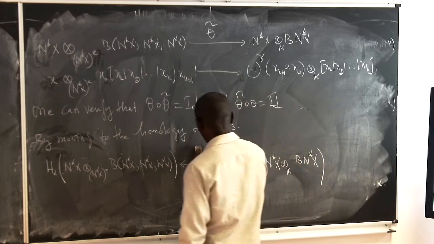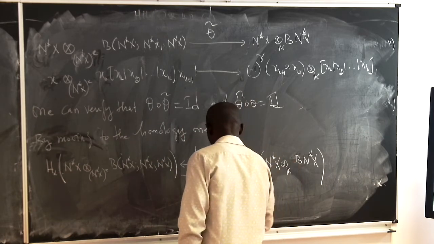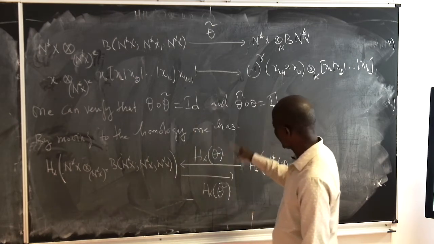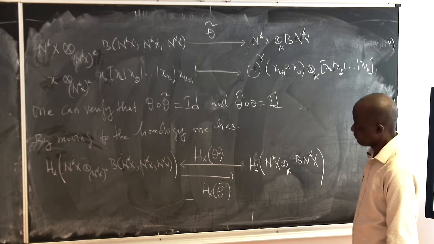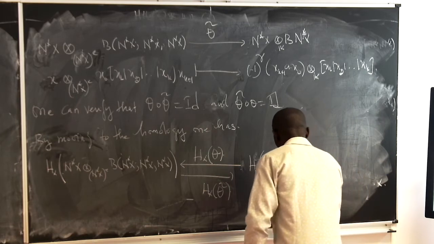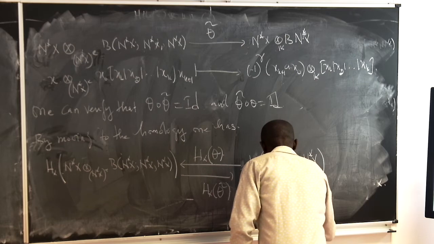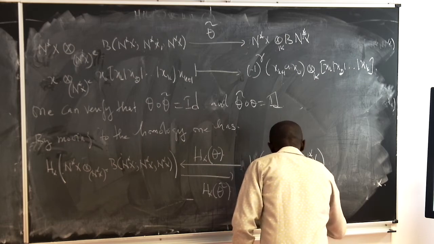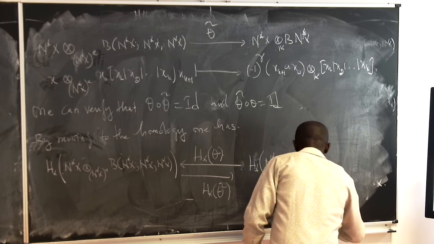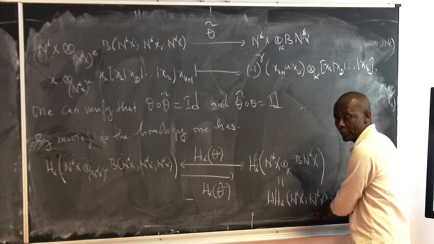This is, and of course you have, which are inverse of each other. Means that this one is just the Hochschild homology of Nx with coefficient in Nx. This is the Hochschild homology of the normalized angular quotient with coefficient in the normalized angular quotient.